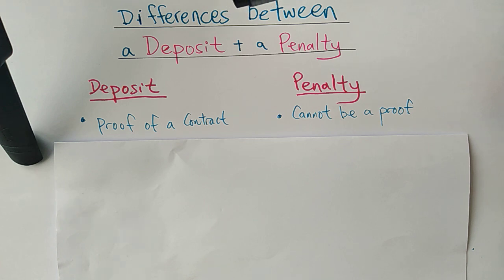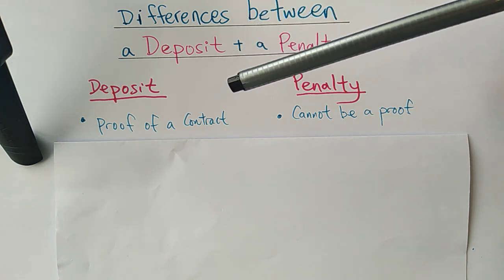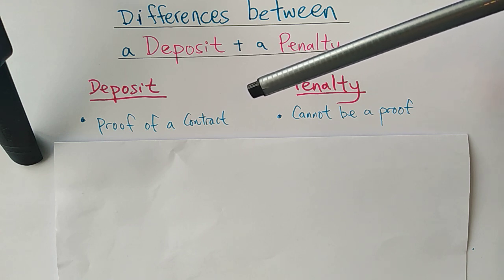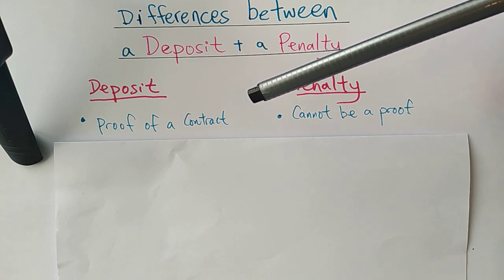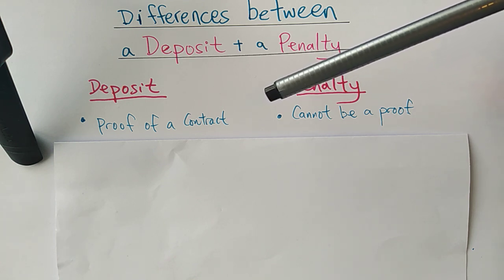You say today, tomorrow, who is going to remember? There's no record. It's not in writing. So, if there is a certain amount of money of deposit paid, 50,000 baht here in this case, this 50,000 baht shows that there is a contract.